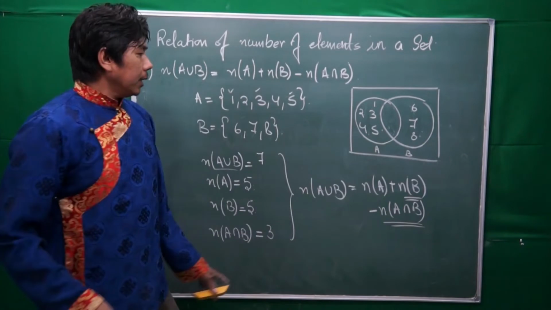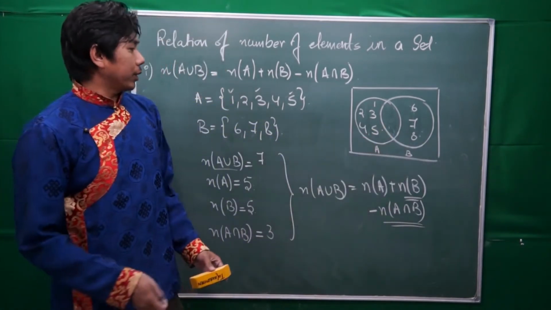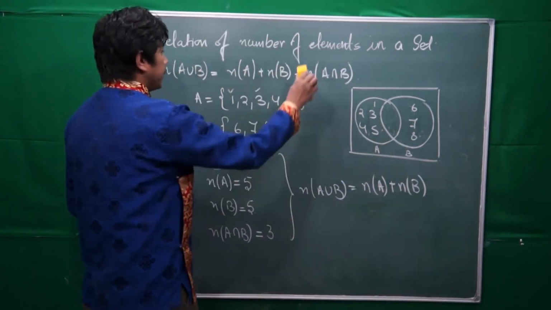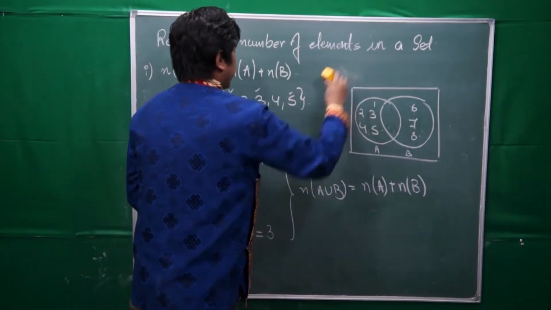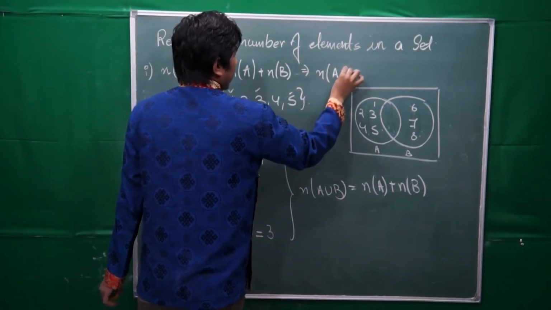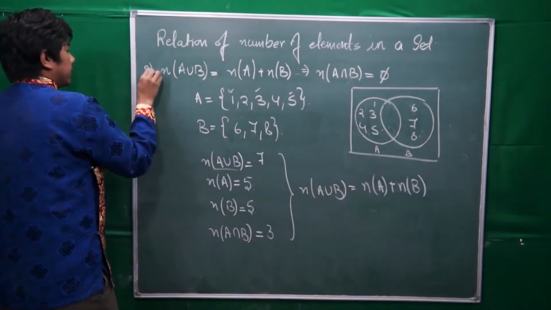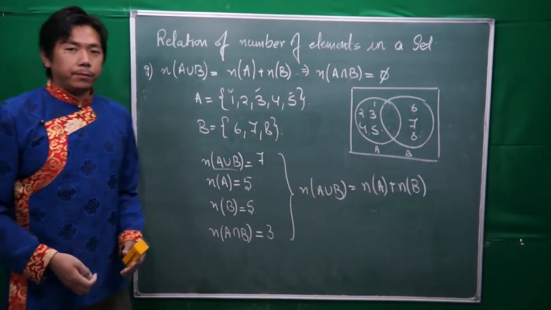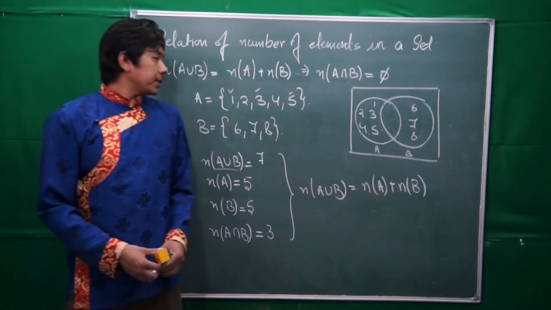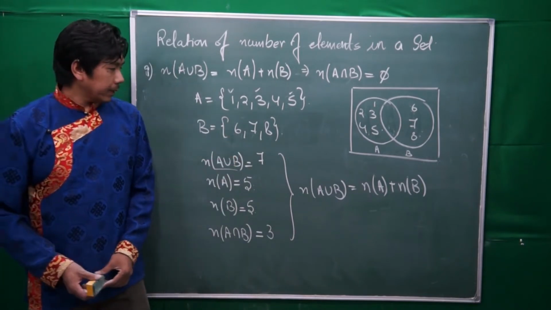So what is happening? The intersection part is null. It is void. And you need to specify that the number of A intersection B is a null set. This is your second rule, or second relation. Okay, so in this case, set A and set B are disjoint. Okay, simple.